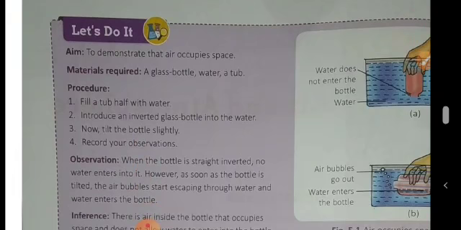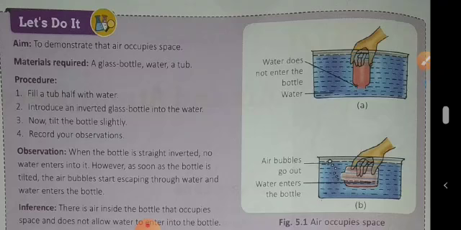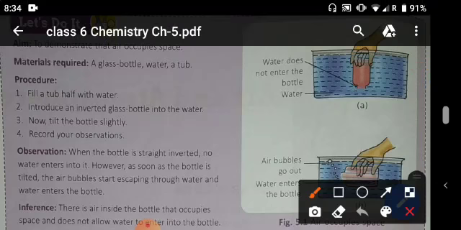Now there is an experiment, and the aim of this experiment is to demonstrate that air occupies space. How will you prove that air occupies space? For this, these materials are required, and you will follow this procedure.